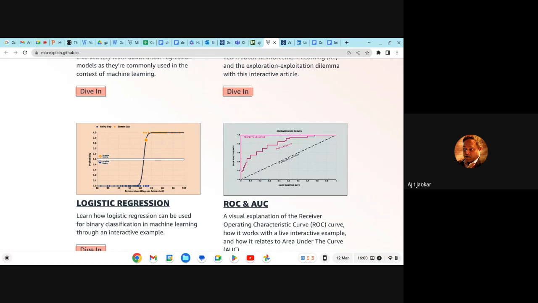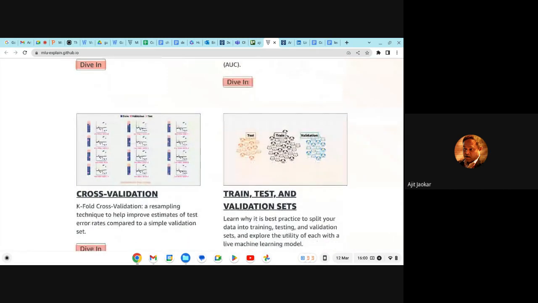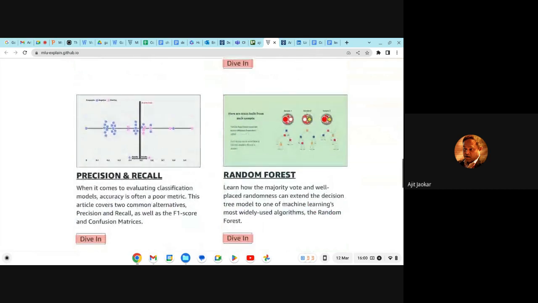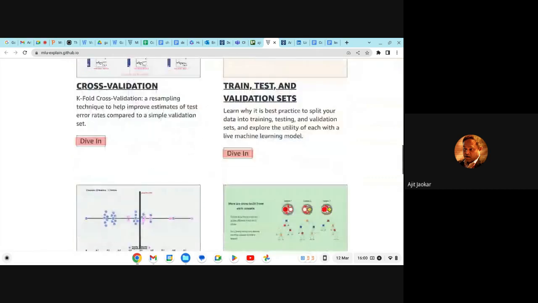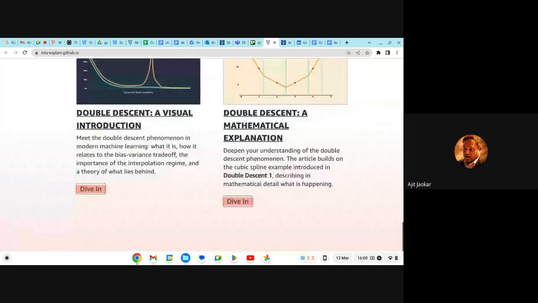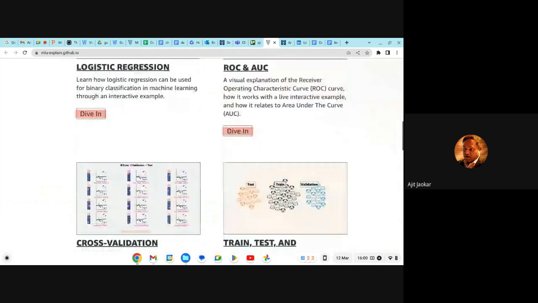So what I'm going to do is look at some of these, and some of the rest of them we will look at next time. This link is there in the notes which I have shared, the notes with today's date, and what it shows you is all these things which are best learned visually. You can understand them visually.